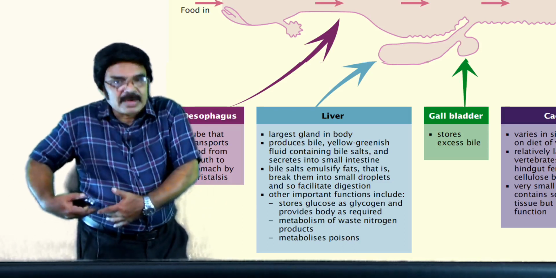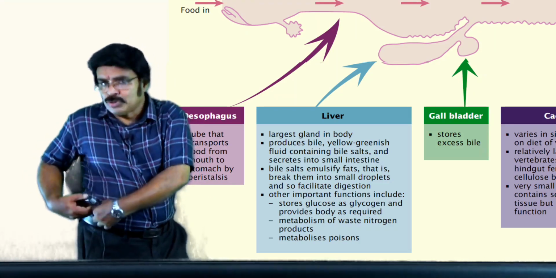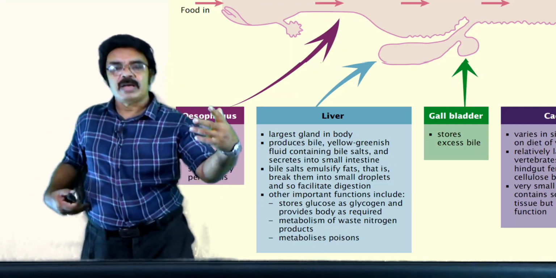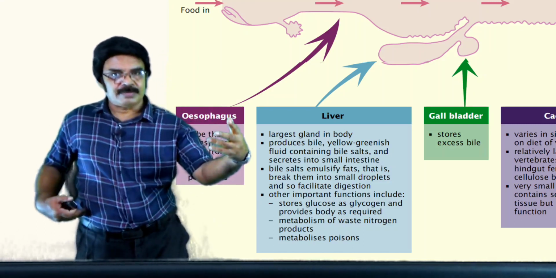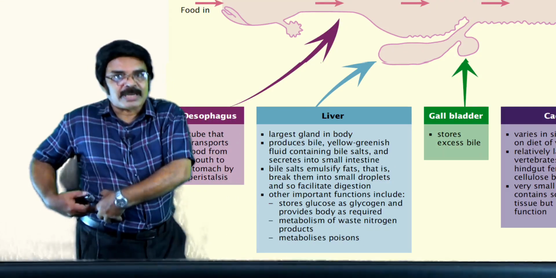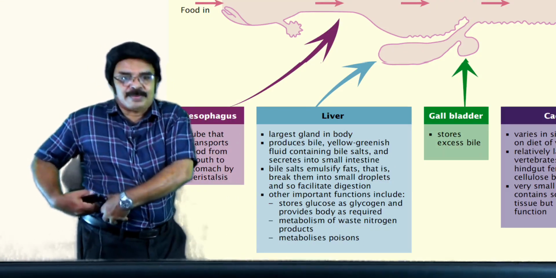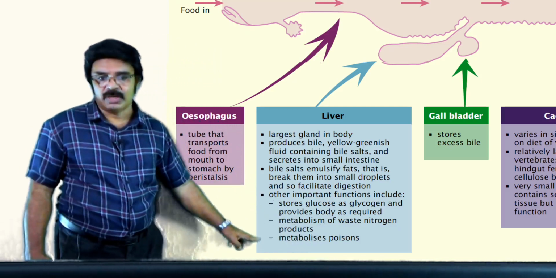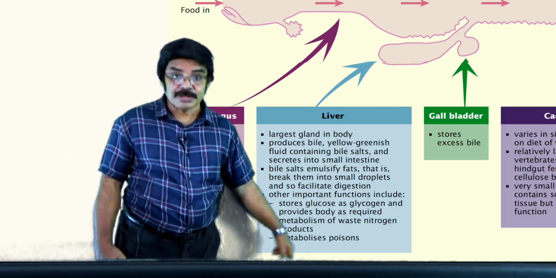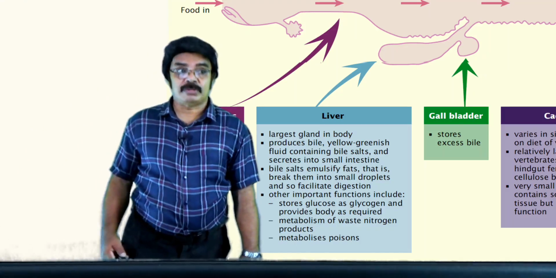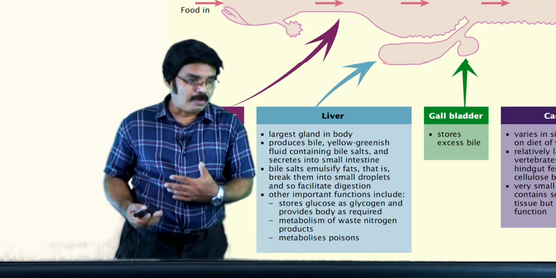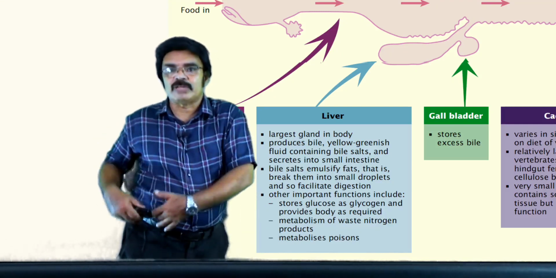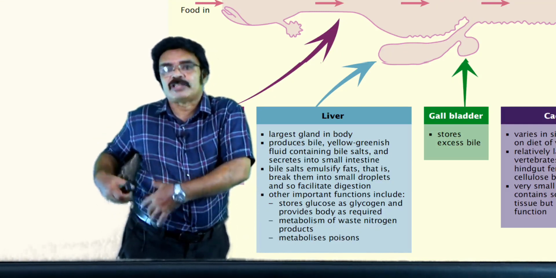Ammonia finally becomes urea in the liver, and urea goes to the kidney, and from the kidney it is eliminated in the form of urine. So nitrogen metabolism goes on in the liver. It also metabolizes poisons, detoxification. When you eat a toxic substance unknowingly, it goes to the liver and there it is detoxified.